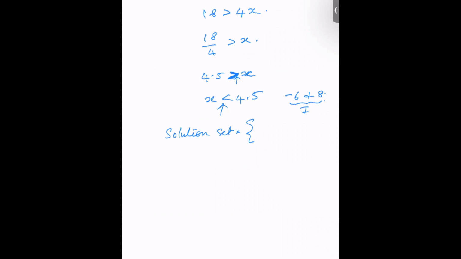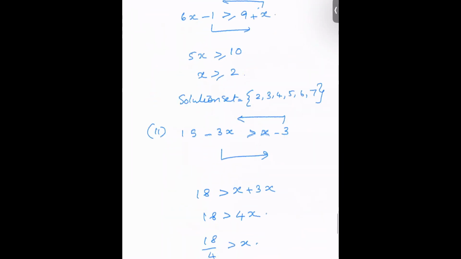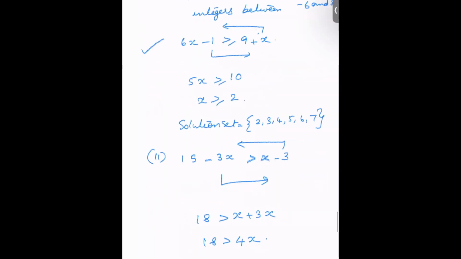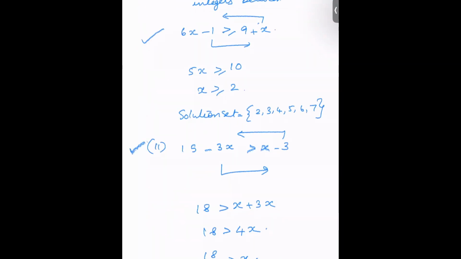What is the starting value, or the smallest value, that x can take? The replacement set is given as integers between -6 and 8. That is applicable for this question and for this question. You need to pick the value of x only from that set.